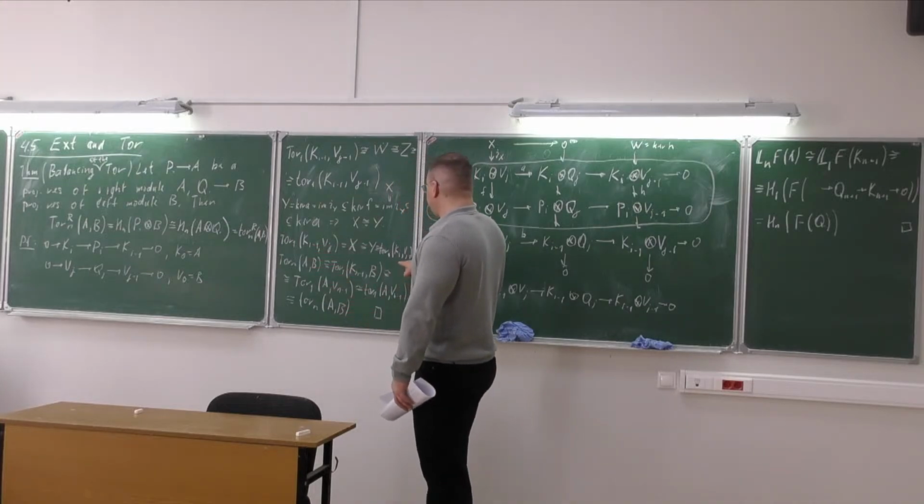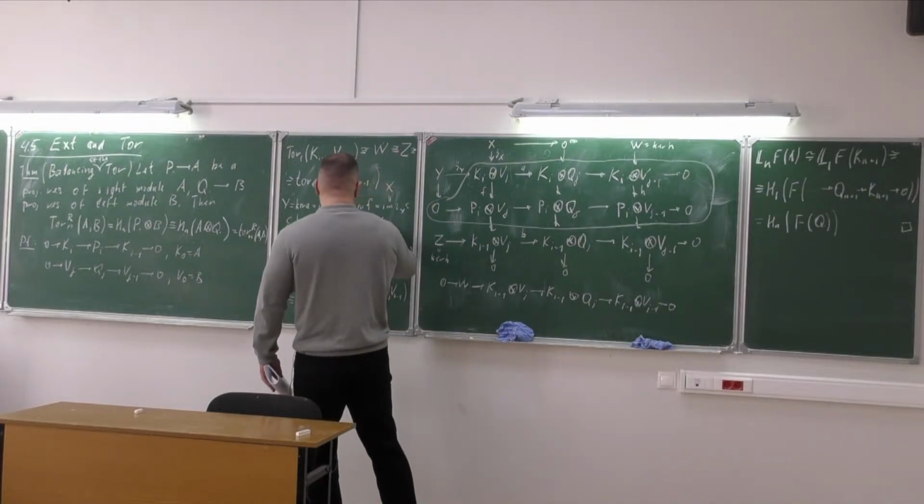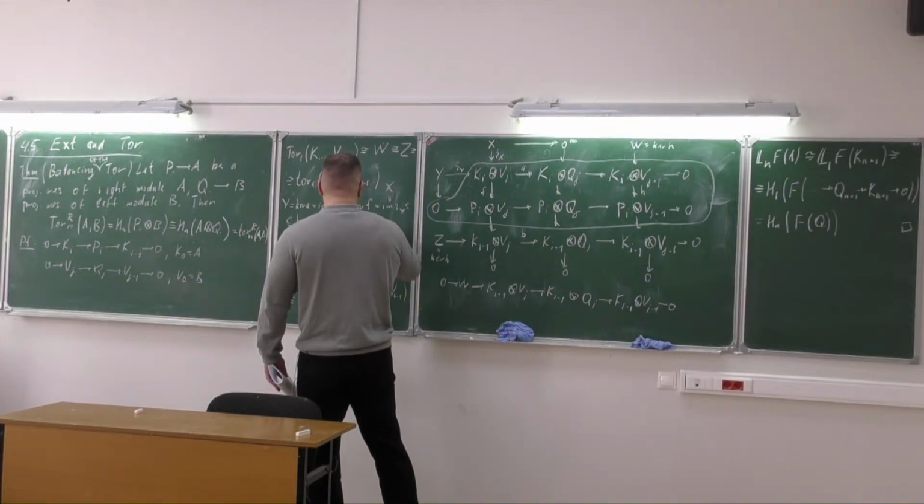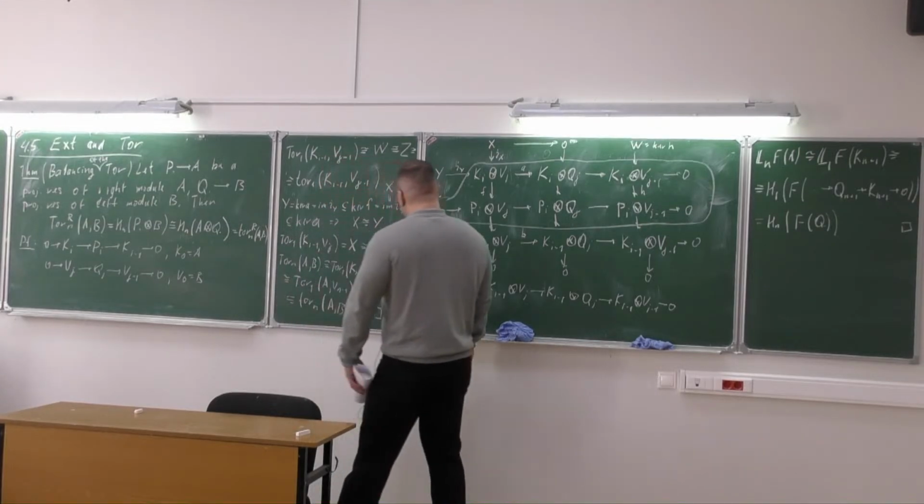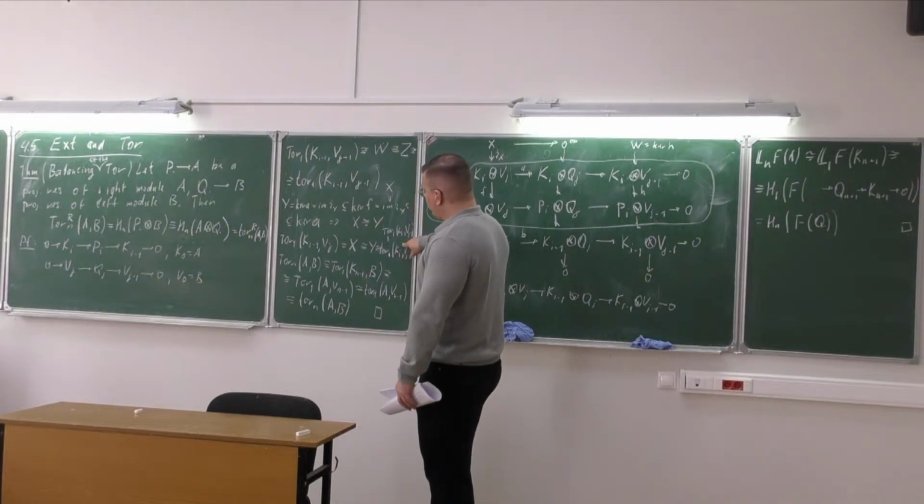So you can increase the index of the first argument, right? Or maybe I can use this the other way around. So maybe, first of all, this can be identified with the Tor1 K Vj minus 1, right? So yeah, maybe I'm using this from the right hand side to the left hand side.